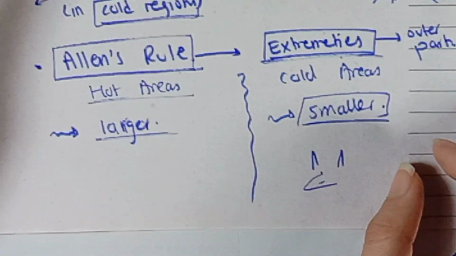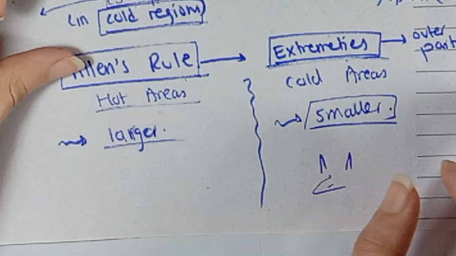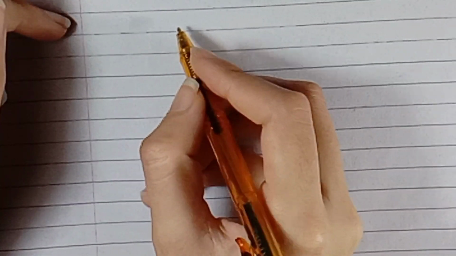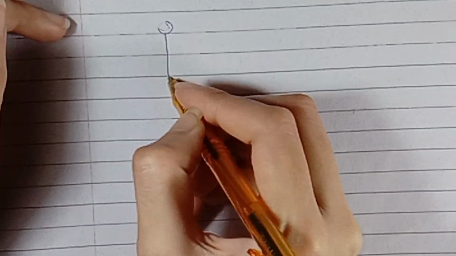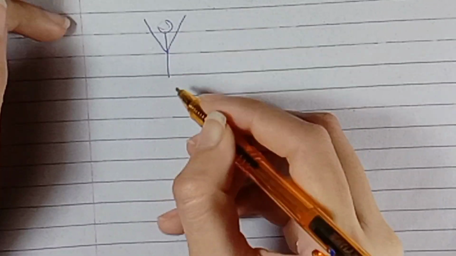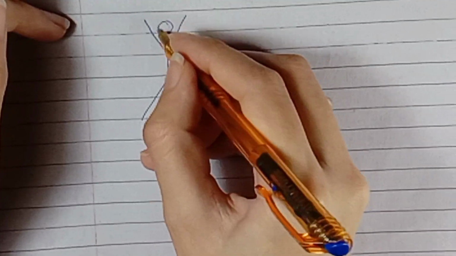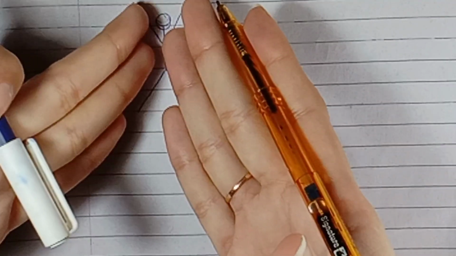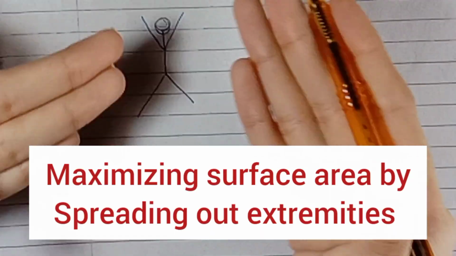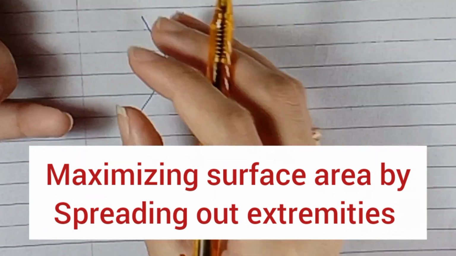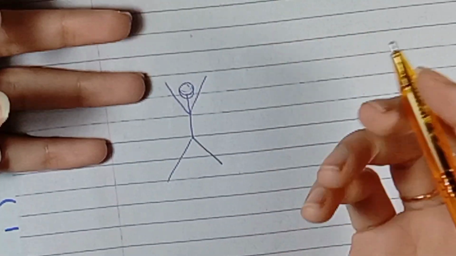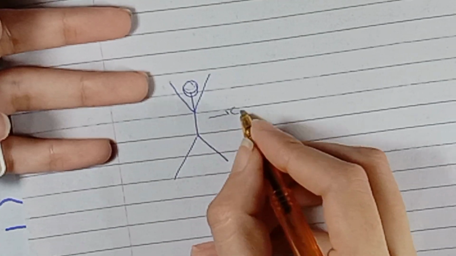If I further explain this concept with a daily life example, in summers when you feel very hot, you lie down under the fan on the bed like this, you raise up your hands and spread your legs. So you are maximizing your surface area. Your body is now exposed to the air, and you can feel cool under the fan.